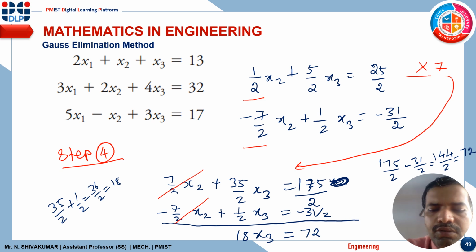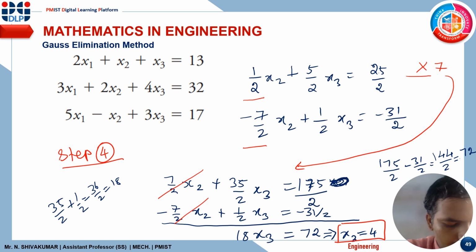So 18x3 equal to 72. Then what is the value of x3? x3 is 4. That is the end of step 4.